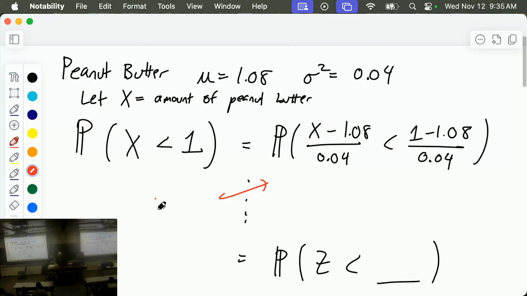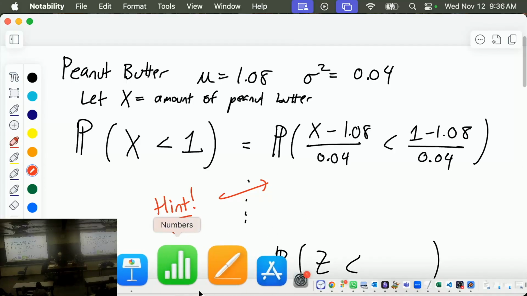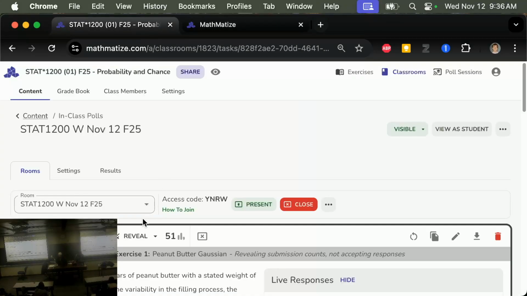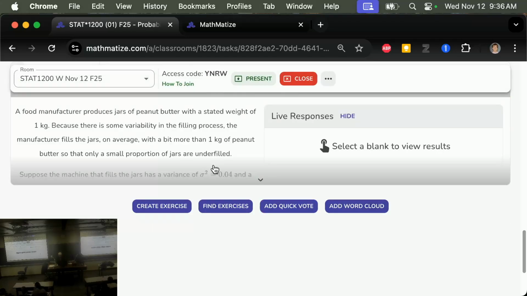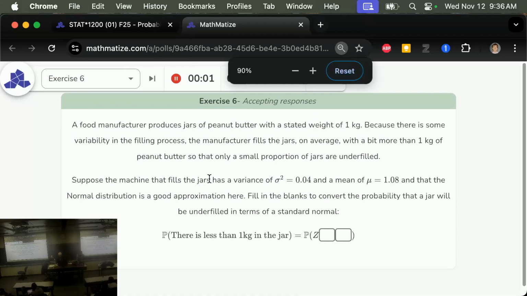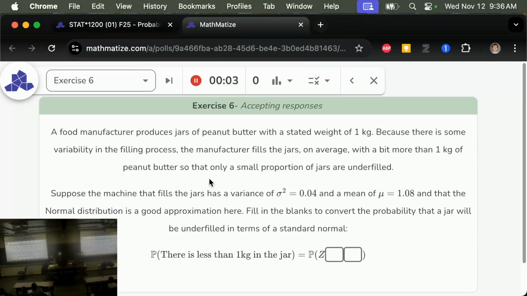And now that I've done the hint, let's revote and see what people got. Let me open it up one more time. Okay, it's open again, and you can revote. Even if you don't want to change your answer, you have to put your answer in again.